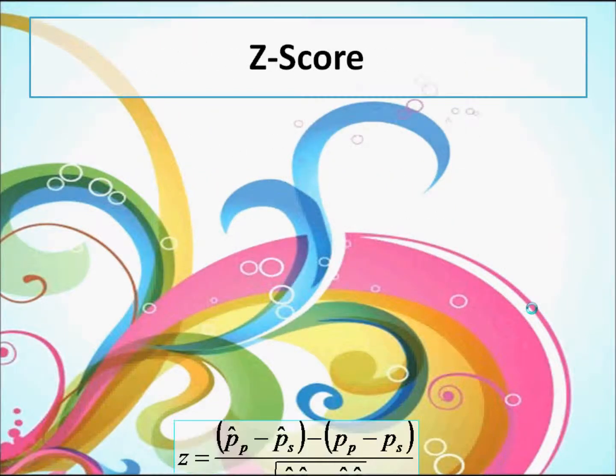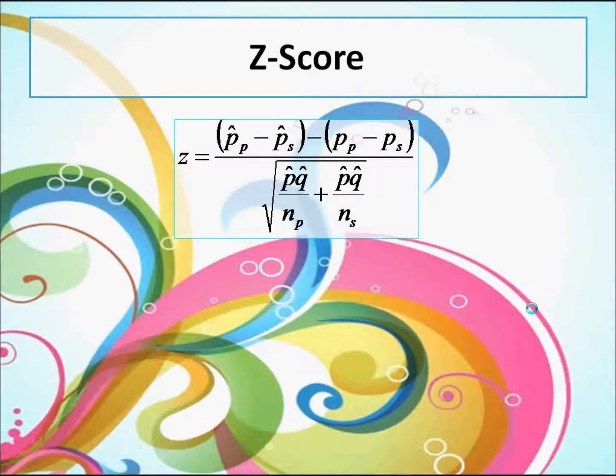To find it, I'm going to use z equals p-hat sub P minus p-hat sub S, minus the proportion p sub P minus p sub S. So p-hat sub P minus p-hat sub S minus (p sub P minus p sub S), all over the square root of p-hat q-hat over the sample size of Perdue plus p-hat q-hat over the sample size of the store brand.